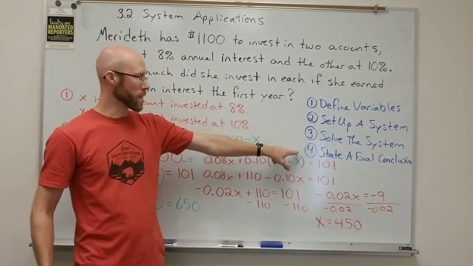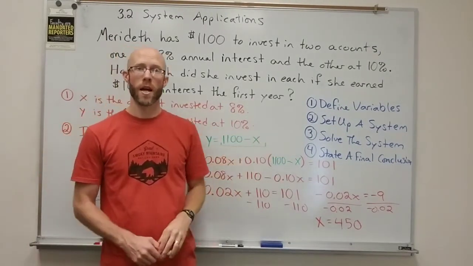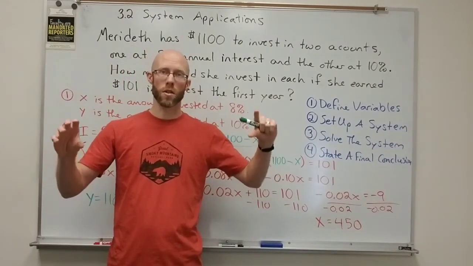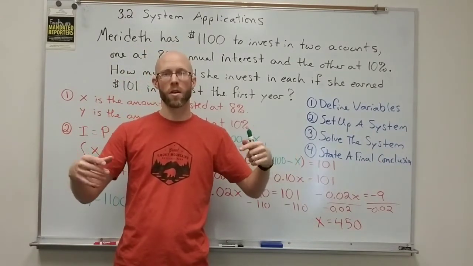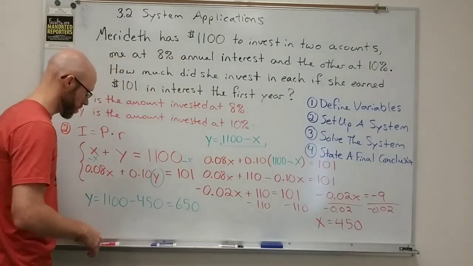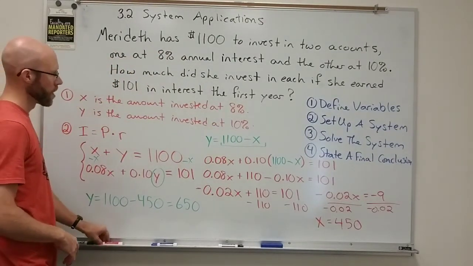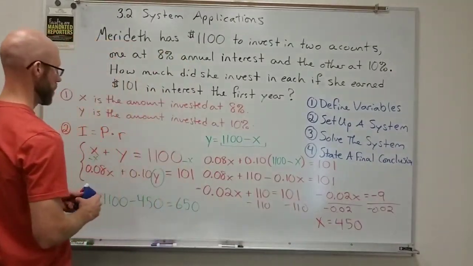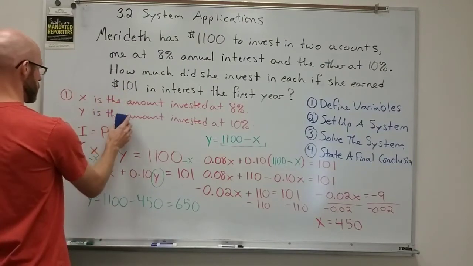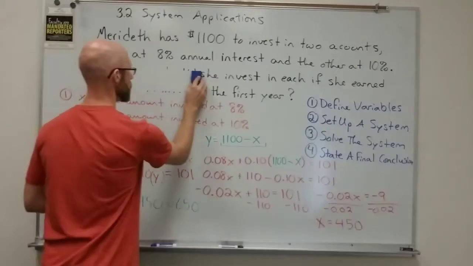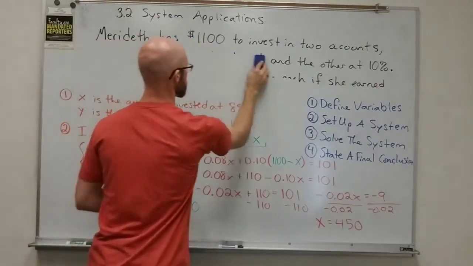The last step then is to state a final conclusion. And I want to do this in a complete sentence so that it's clear exactly what I found and what I was looking for. So I'm going to go ahead and erase some of this initial problem here.